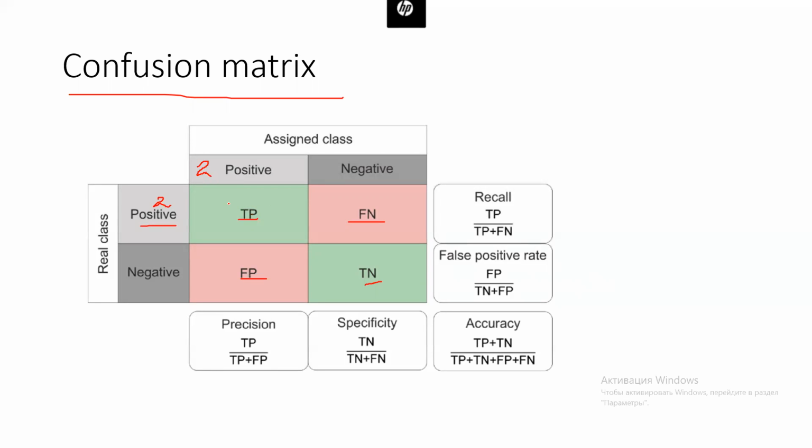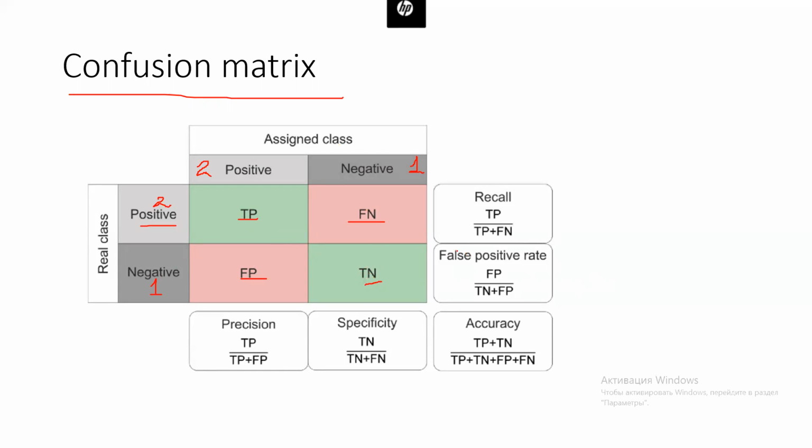You calculate the number of objects from the second class which were classified correctly. The same with the true negative value. You have the negative class, 1 or 0, it depends on how you called your classes. The negative will be the number of objects from the first class which were classified as first class. So it will be true negative.